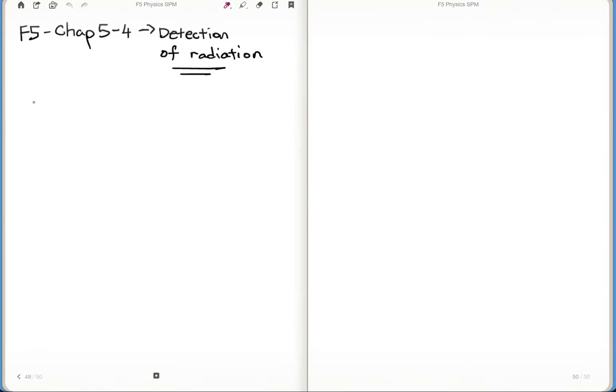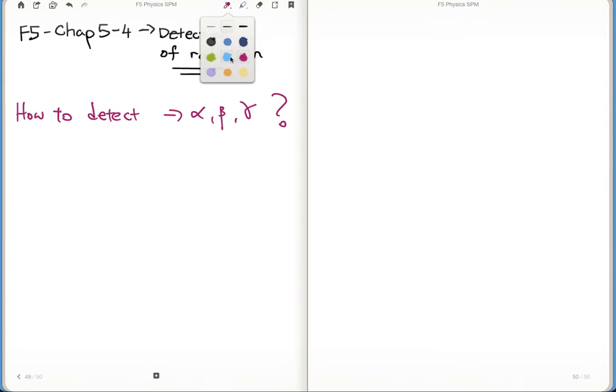The concept of how to detect all these alpha, beta and gamma energetic particles is that we make use of their ability to ionize the air, the ionizing effect.